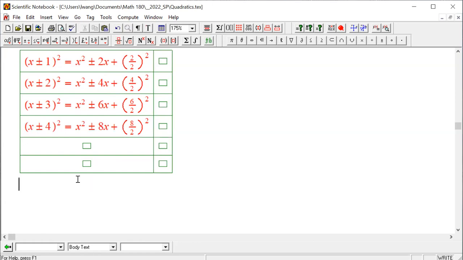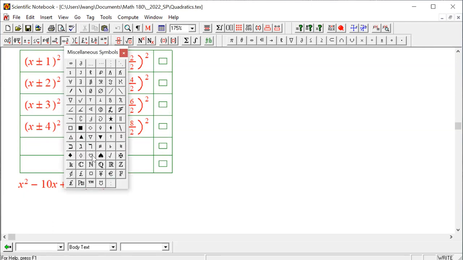Now a little bit fast forward. If I have x squared minus 10x, I want to make it into a perfect square. What should I be adding? What should I add to make that perfect square? X minus what?